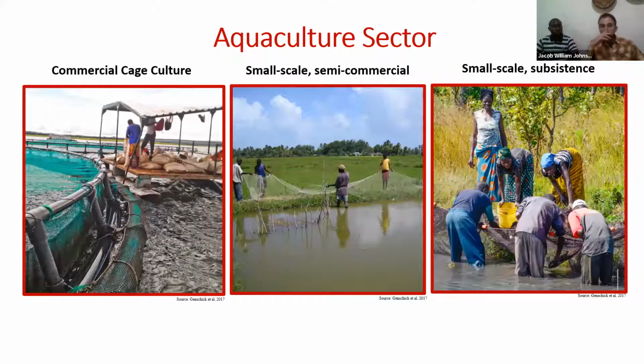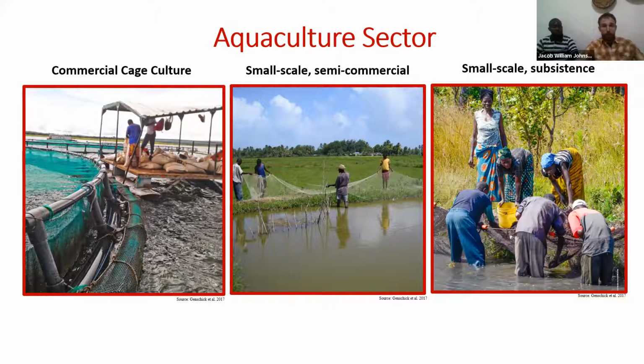Presently, aquaculture in Zambia ranges in its management intensity from commercial to small scale. Commercial operations, such as this cage culture operation in Lake Kariba, strictly use intensive inputs like commercial feeds and fertilizers, and they sell primarily to urban and regional markets in southern provinces.